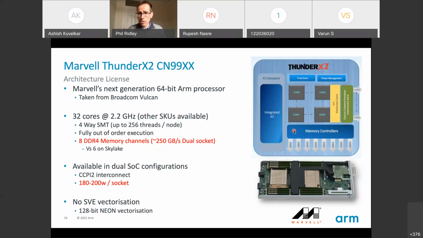And again, for some workloads, the 1-way SMT works better than the 4-way, and the other way around. You can also have them as 2-way SMT. There's an implication with this as well, in that depending on how you have them configured for your SMTs, it affects the way that the floating point units are shared between threads.